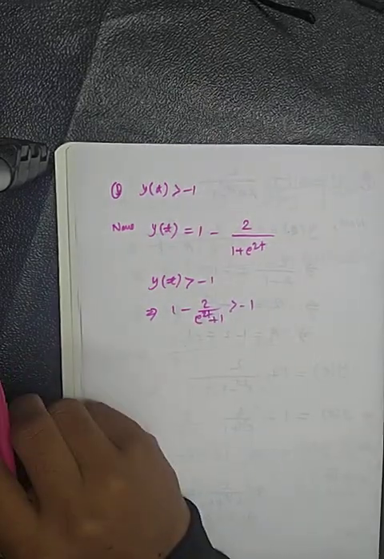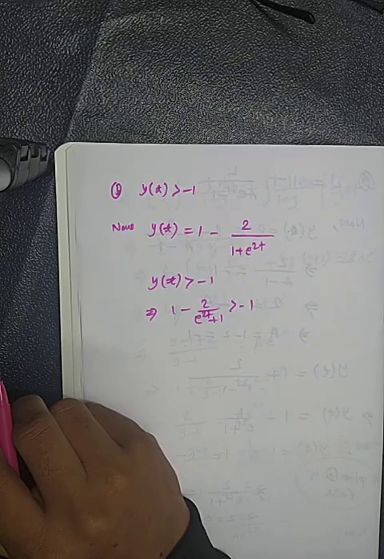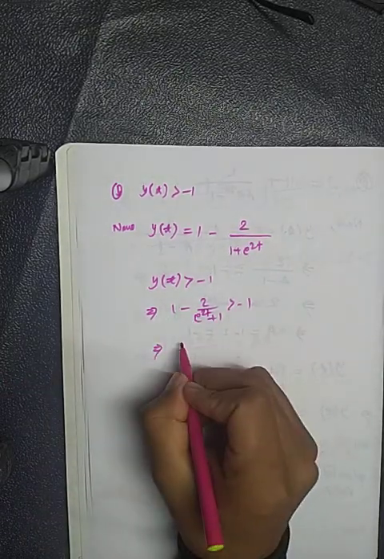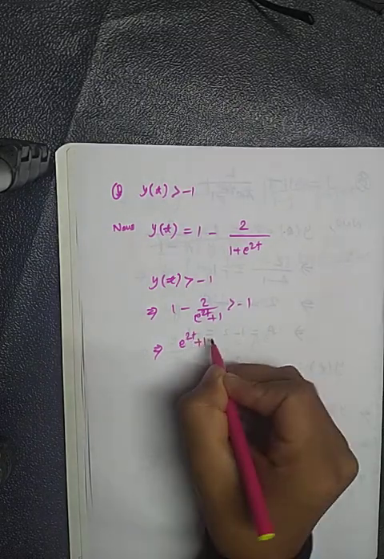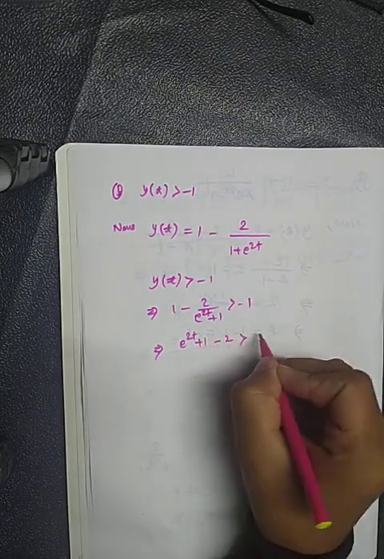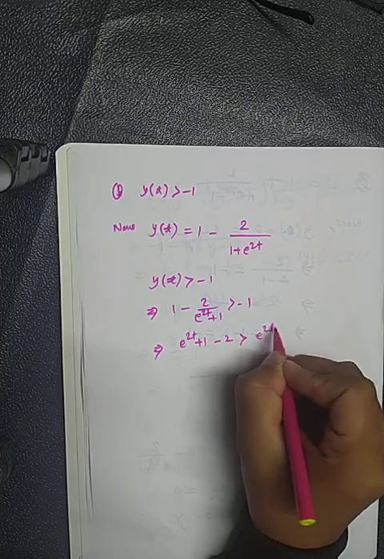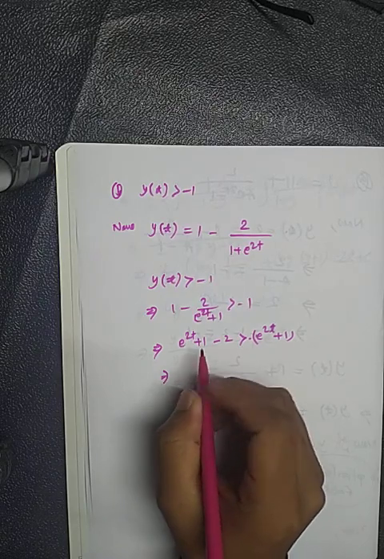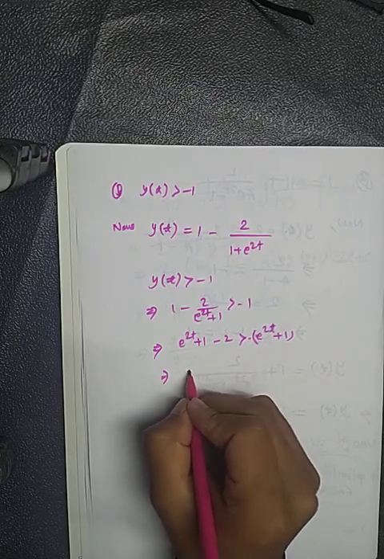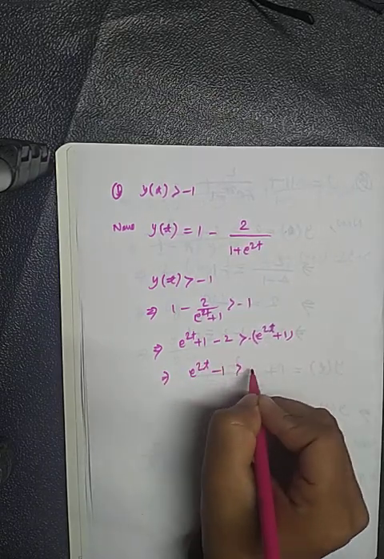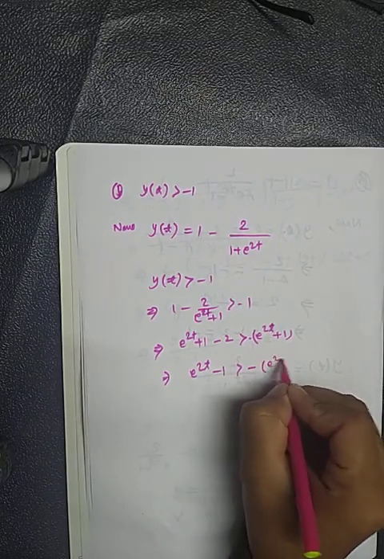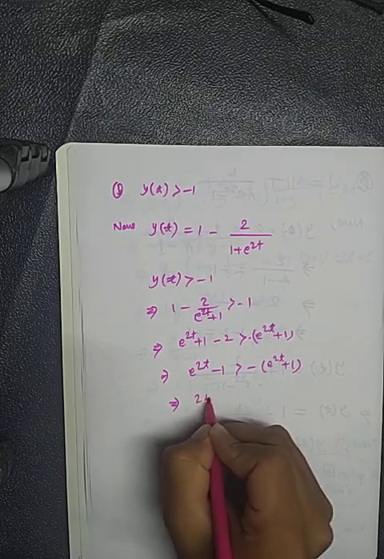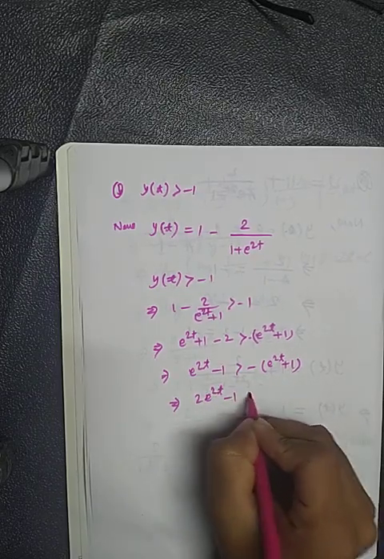So this implies e to the power 2t plus 1 minus 2 is greater than minus of (e to the power 2t plus 1). So e to the power 2t minus 1 is greater than minus of (e to the power 2t plus 1). This implies 2 e to the power 2t minus 1 is greater than minus 1.